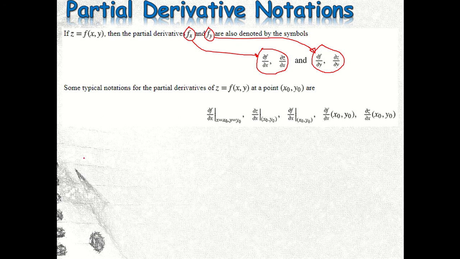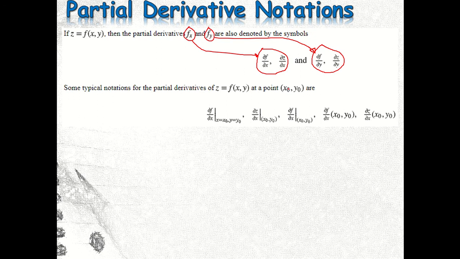Now, some typical notations for the partial derivatives of z as a function of x and y at a point x sub 0, y sub 0 are also given in this expression. This is similar to this one here, but this gives us additional information: you have the bar here. It indicates that we are being specific, the partial derivative of the function with respect to x at this particular point with these coordinates.